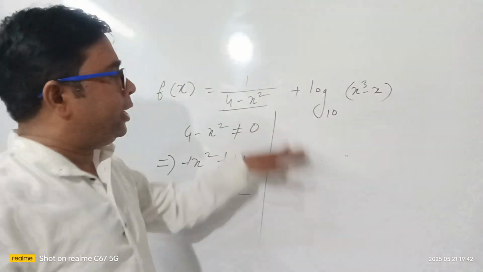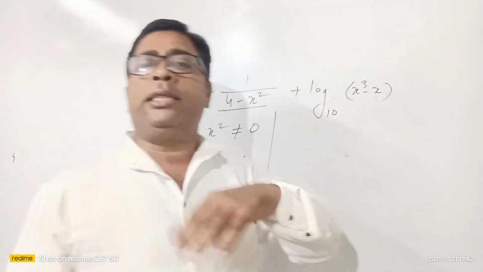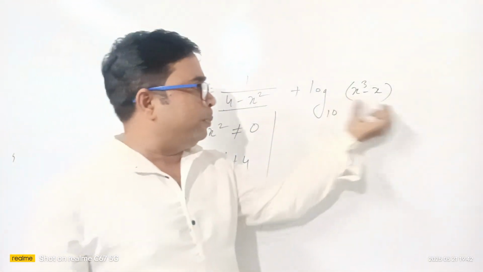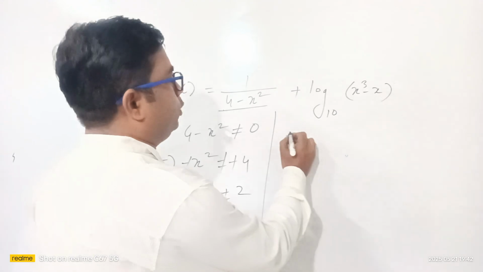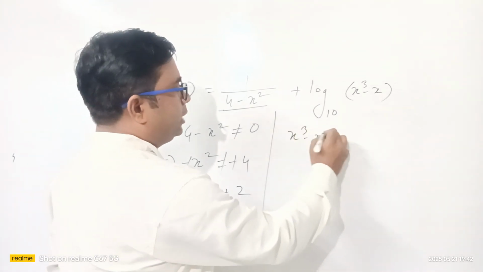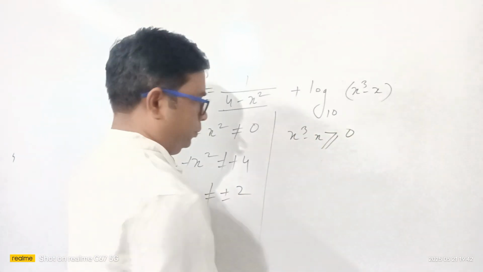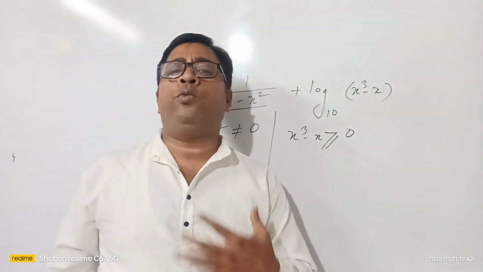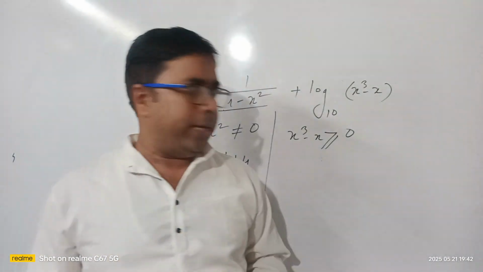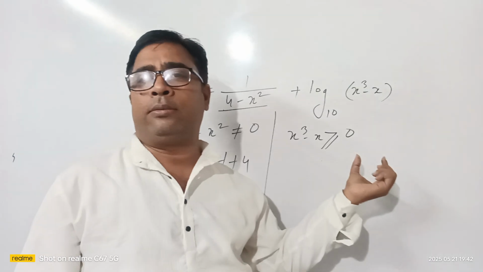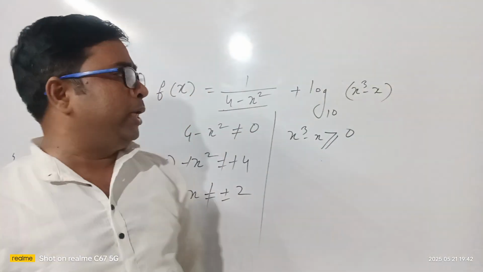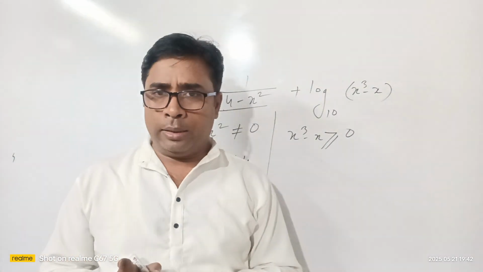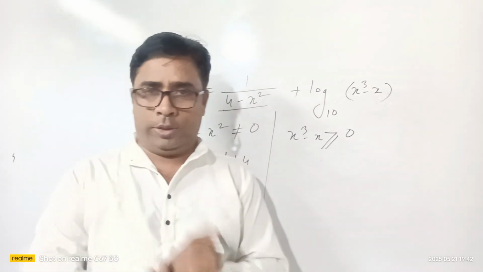Okay, so if we find the domain of this function, again the same thing will come. This part is greater than 0, so we shall take x cube minus x greater than or equal to 0. Now we have to apply a new technique here to find the domain of this function. What is the new technique? Here I am going to apply the wavy curve method.